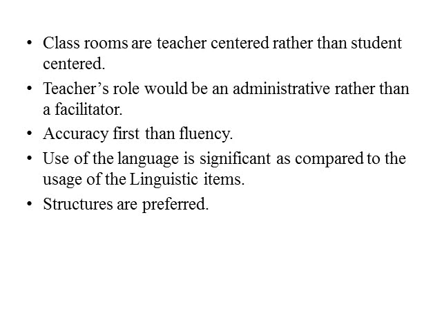Then the pioneers of the grammar translation method also emphasize accuracy first rather than fluency. They snub the students for making errors. Errors are not welcomed in the classroom. They are snubbed. So they lose their confidence and keep focusing and noticing whether they are speaking accurately or wrongly.